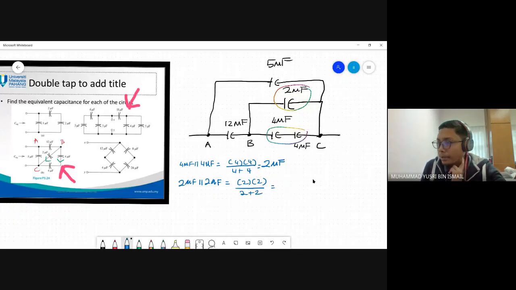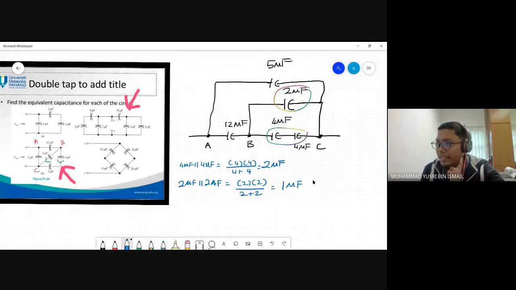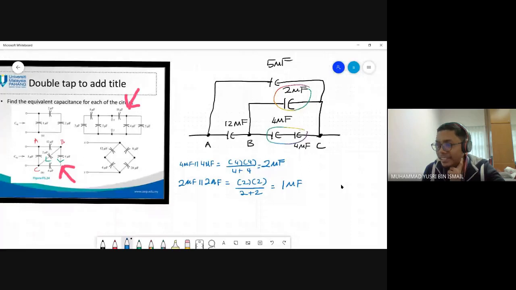Berapa Farah? 1 microfarad. Farah marah dengan saya ke Farah? Okay, 1 microfarad. Jadi sekarang 1 microfarad adalah series dengan 12 microfarad.